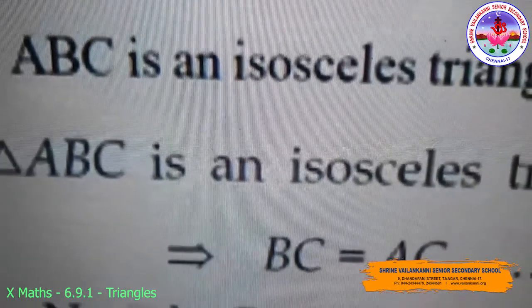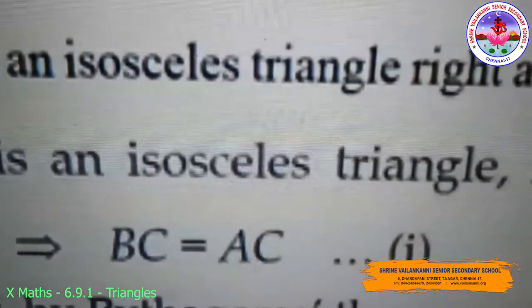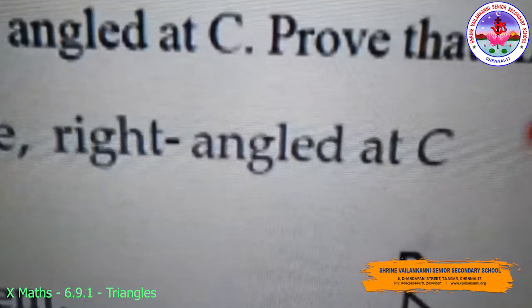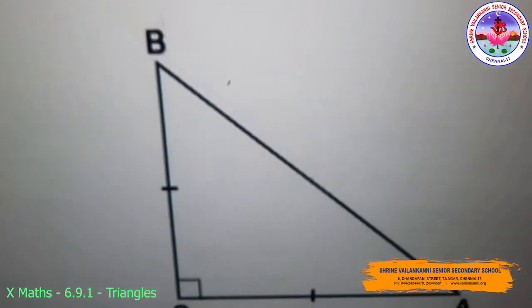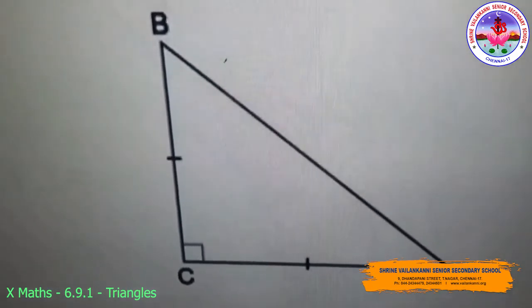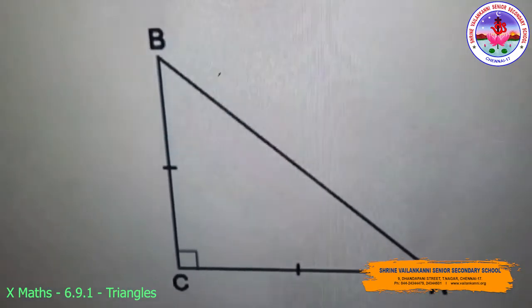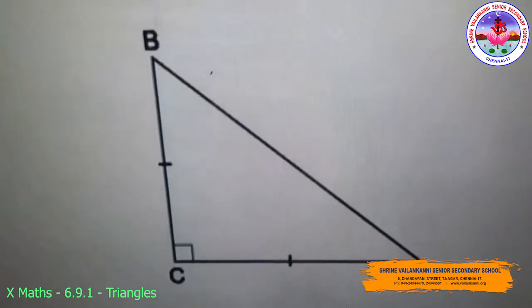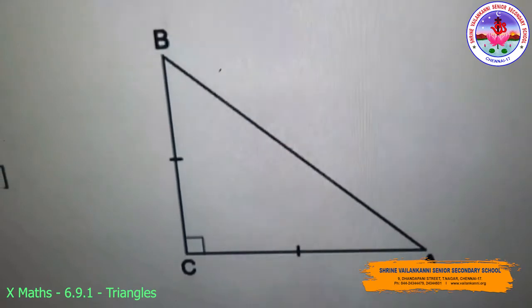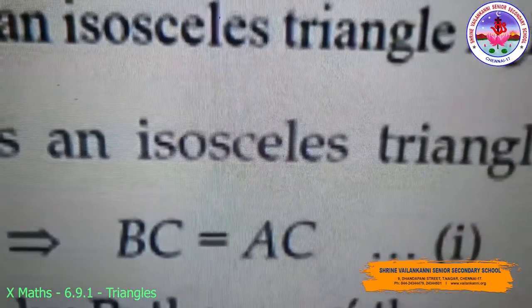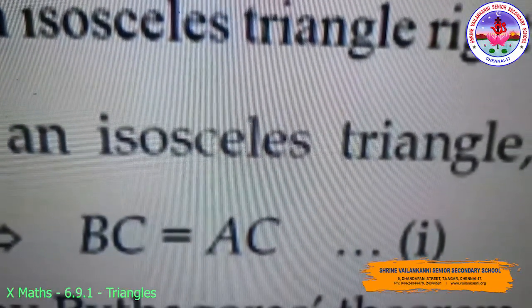Since triangle ABC is an isosceles triangle, right angled at C, in the figure, we will get AB as the hypotenuse. So automatically the other two sides, I am taking BC equal to AC, since it is an isosceles triangle. So we get BC is equal to AC, calling this equation 1.